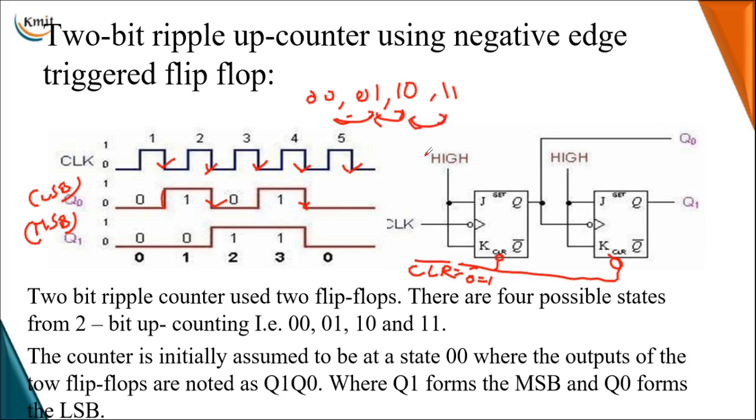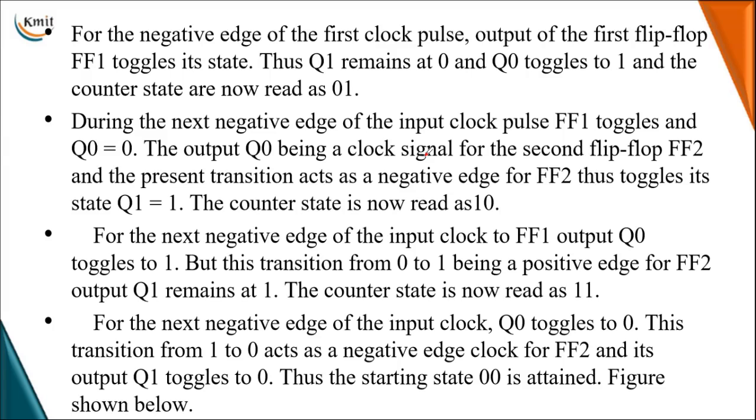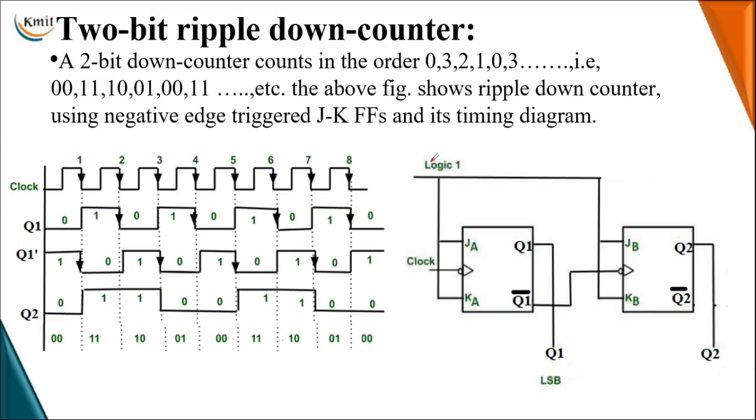Now to design the down counter, instead of connecting the previous state Q1, we have to connect the complementary state of the least significant bit as the clock signal. If I connect the clock signal like this, we can obtain the design of the 2-bit ripple counter.